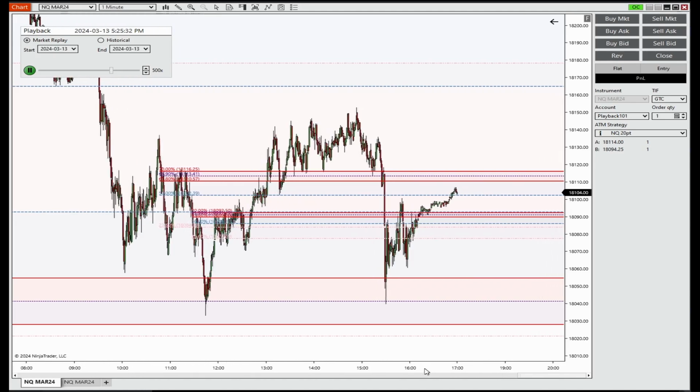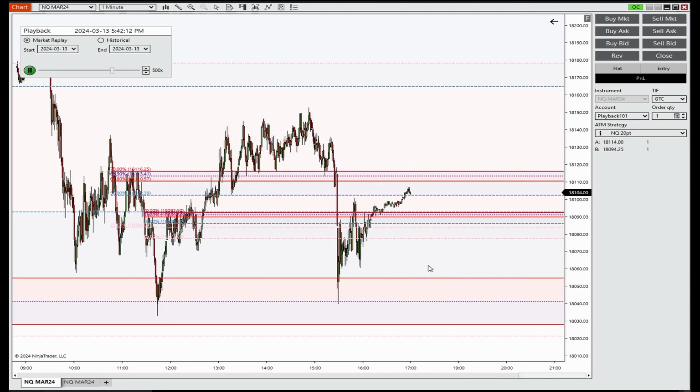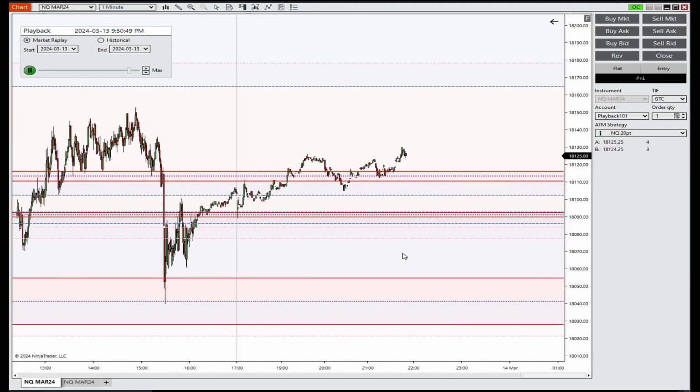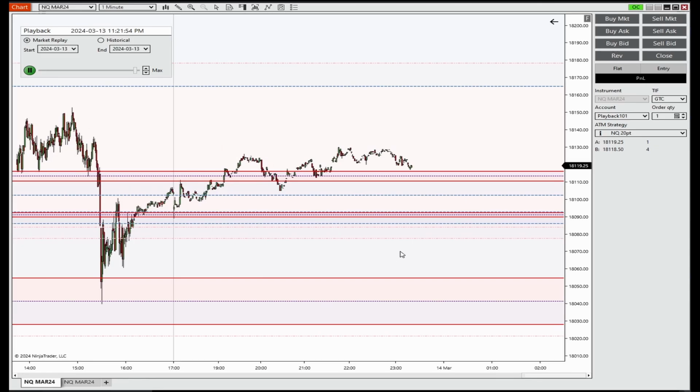Now that we've got our major double bottom here, would not expect it to trade underneath this, no. Even over Asia. Oh, do we get it or do we die? No, can't see it.